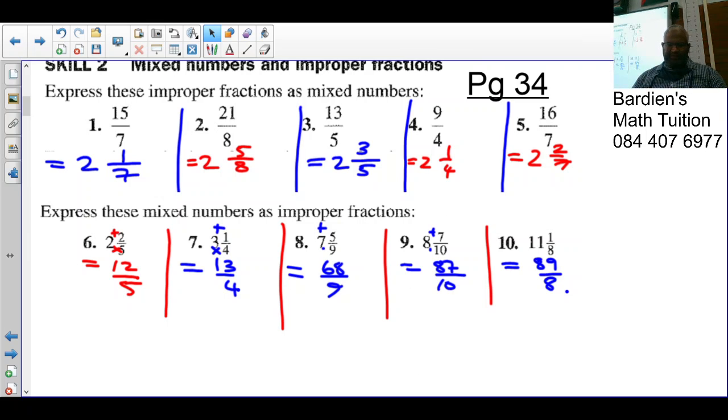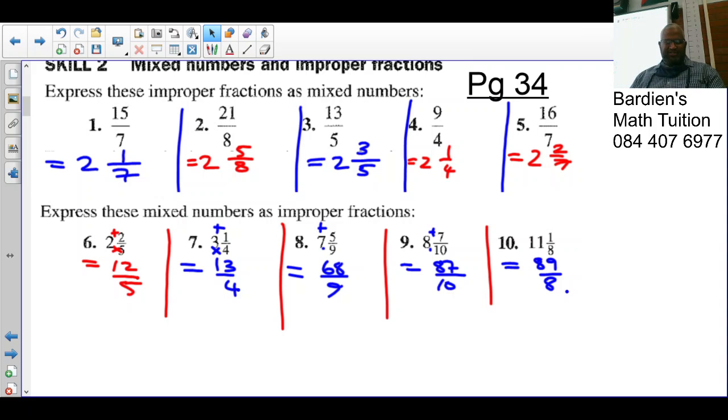So something I need to bring to your attention here is that on page 47 there's decimals. Skills 1 and 2 is just the odd numbers.